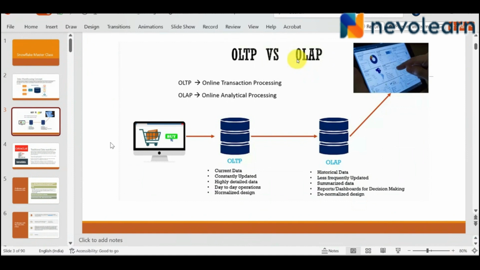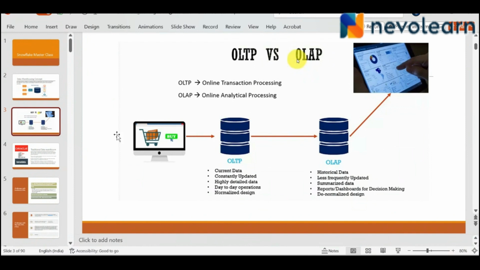all this information will be directly stored in a database. The type of database which is connected directly with your online portal, we call an OLTP. OLTP is nothing but online transactional processing. This database mainly follows the RDBMS concept, and whatever you do will be immediately reflected in this database.